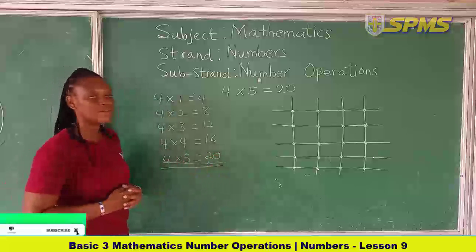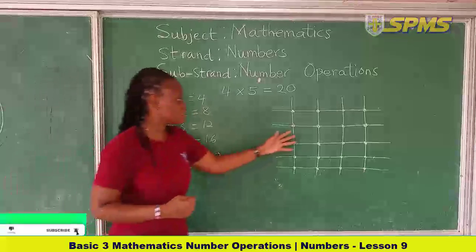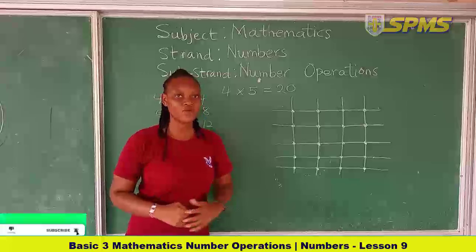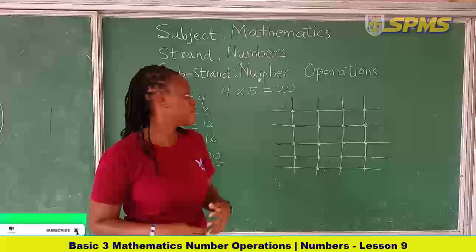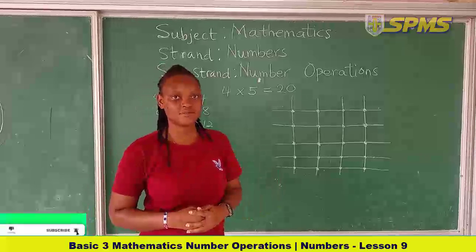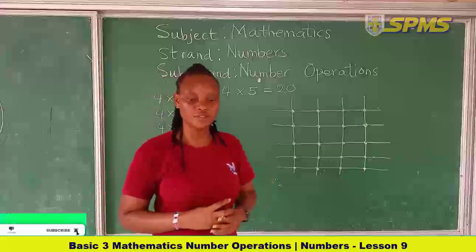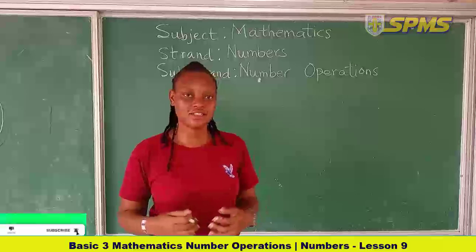So that is about our multiplication. So we are using the vertical and the horizontal lines to find our result or answer for our multiplication sentence. Good. We move on.